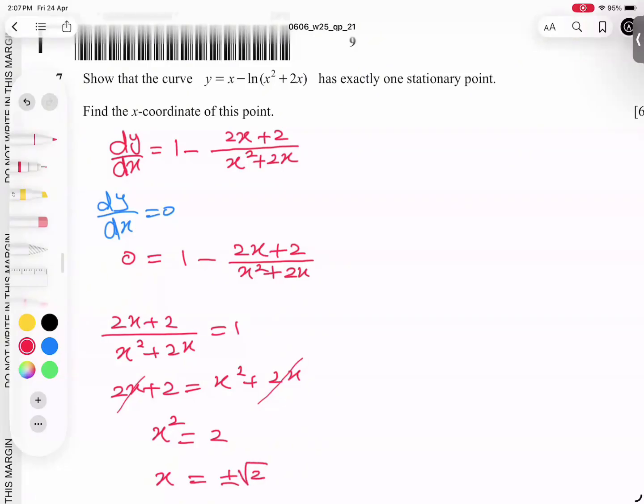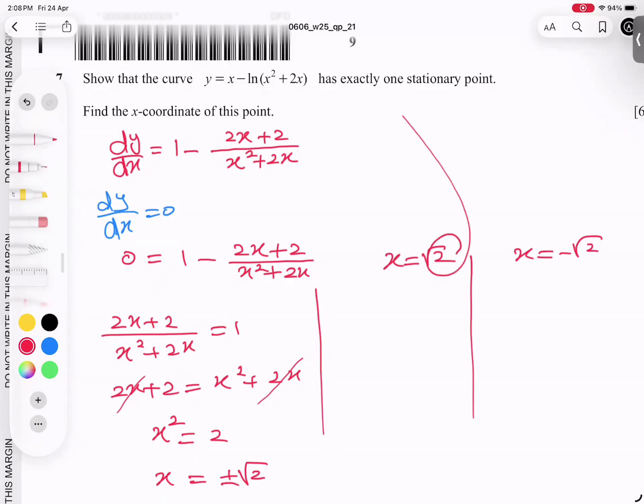Okay, now interesting part. Now we have to justify, we got two answers. We have to justify. One answer is not possible. Check it. I will plug back in the equation. When I plug back in the equation, so what happens? So y is equals to root of x. Okay, space is an issue, so I'm writing it.